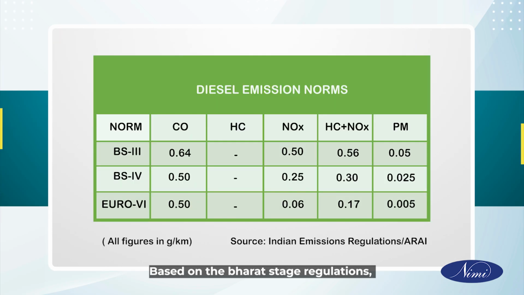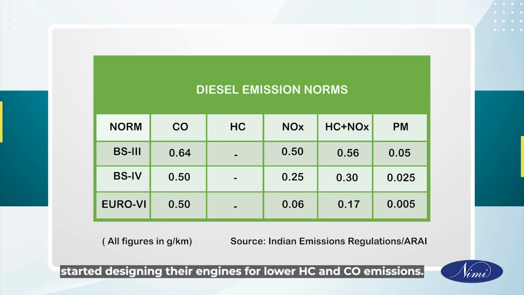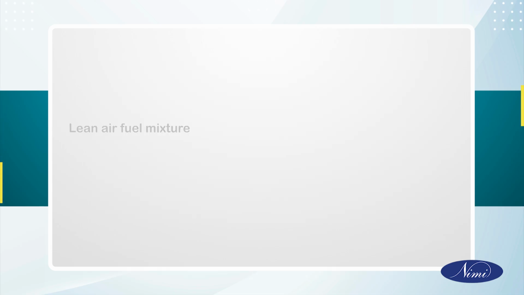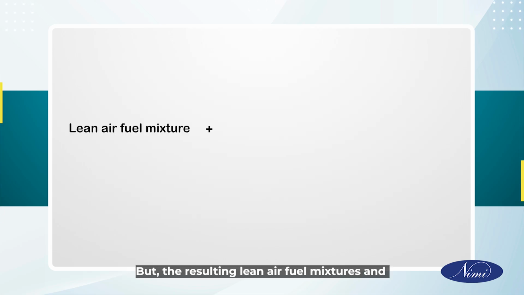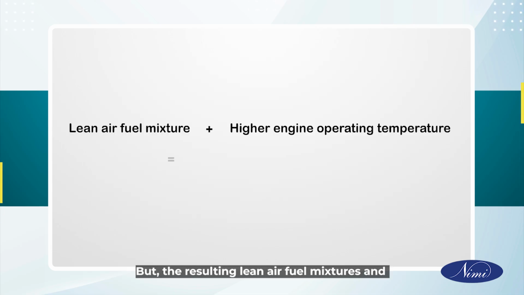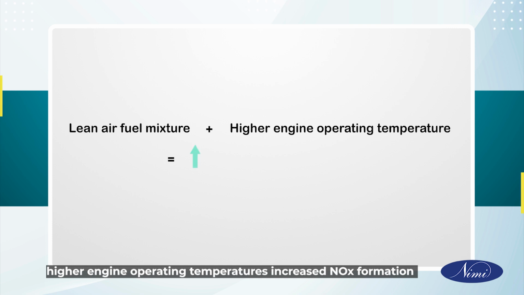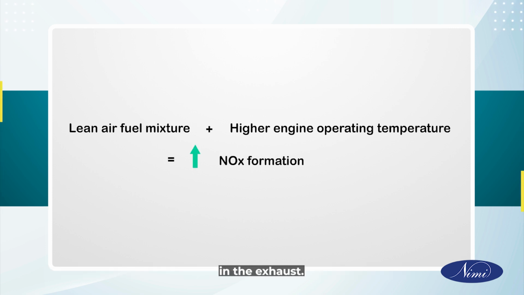Based on the Bharat stage regulations, Indian automotive manufacturers started designing their engines for lower HC and CO emissions. But the resulting lean air fuel mixtures and higher engine operating temperatures increased NOx formation in the exhaust.